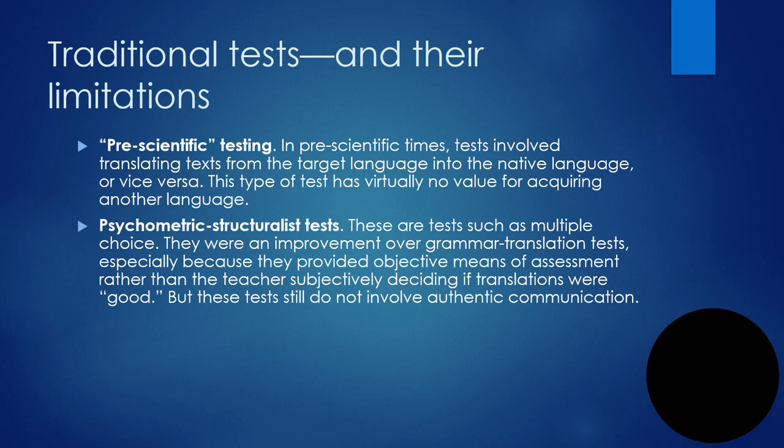And they can possibly even be influenced by how much a teacher likes or does not like a student. Things like multiple choice tests are objective. It doesn't matter how much you like or don't like a student, an answer is either right or wrong. So that was an improvement. But those tests still didn't involve authentic communication.